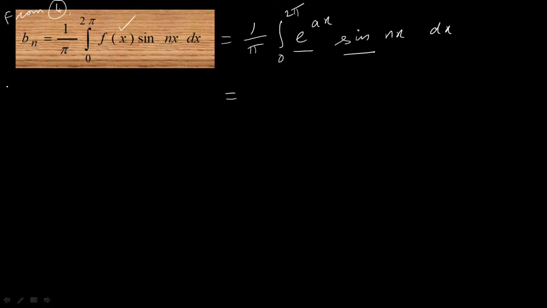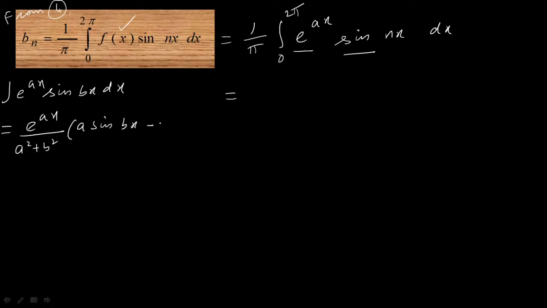I write it here. So integral e power ax sin bx dx is equal to e power ax divided by a square plus b square of a sin bx minus b cos bx. So this is a formula we have used, okay.